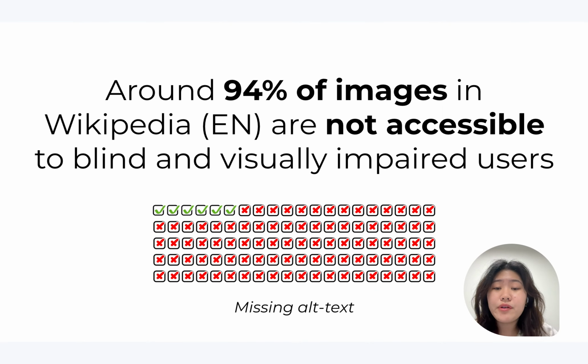Images are not merely decorative on Wikipedia, they convey essential information that support reader information need when navigating through article contents. For BLV users, the absence of such alt text could also limit their learning and interaction with Wikipedia content. Therefore, making images accessible is crucial to ensuring equitable access to digital information.